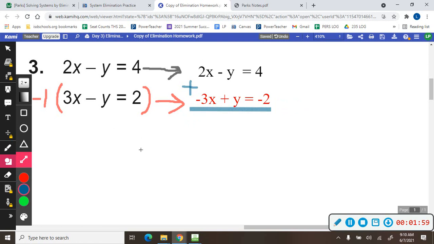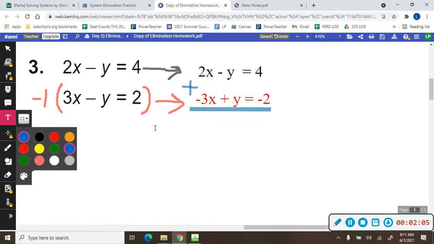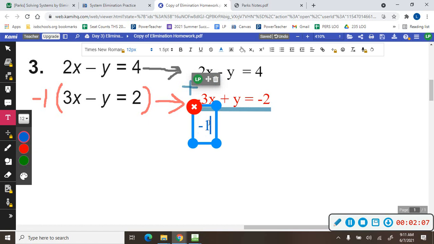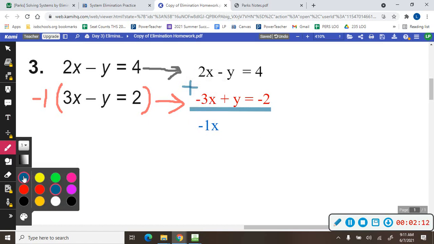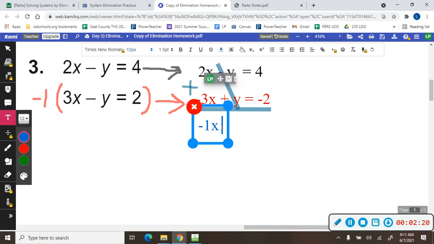Two plus negative 3 is negative 1. Y and negative y, those eliminate. Those go away. That's why they call it the process of elimination. Something should eliminate. And 4 plus negative 2 is 2.